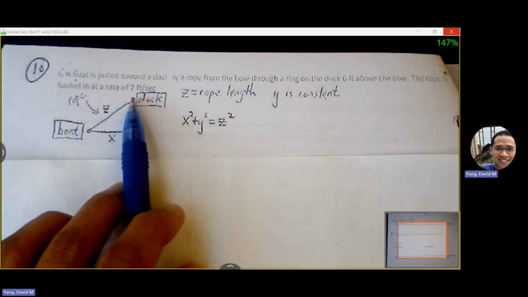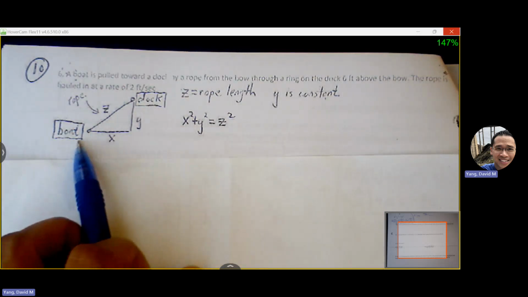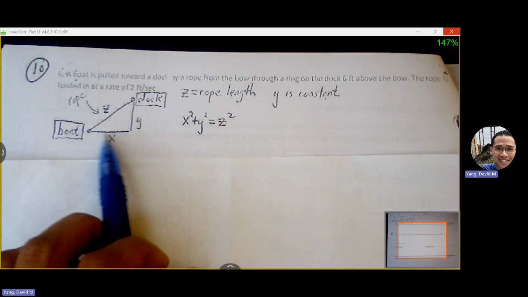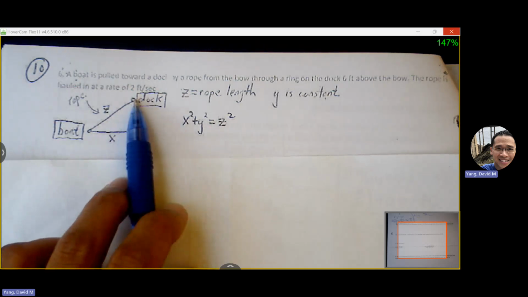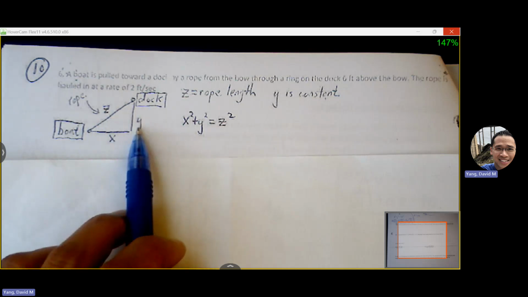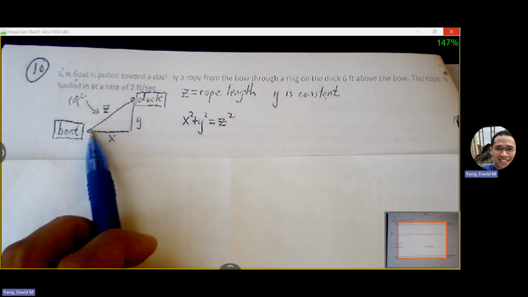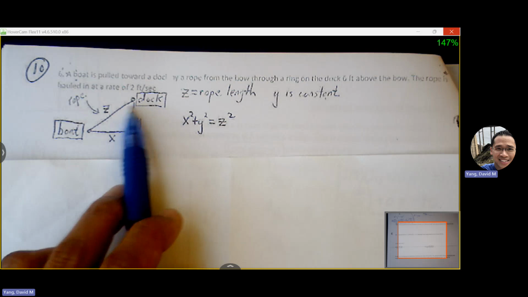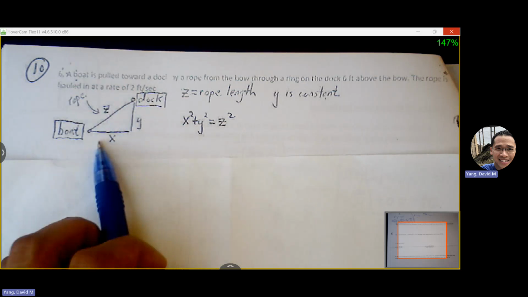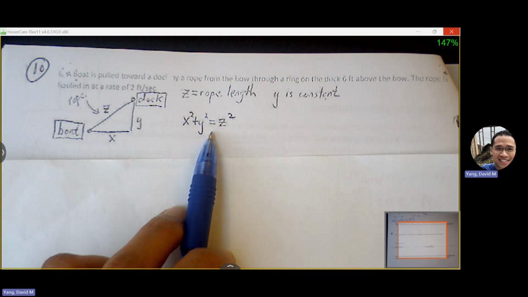So here we have the dock, the boat is here, the rope is the one that's getting pulled. And this distance is not changing. We know x is changing, we know z is changing, but y is staying constant. So the boat is getting drawn in closer towards the dock and the rope is pulling the boat. So that's the scenario. Go ahead and set up your Pythagorean theorem.